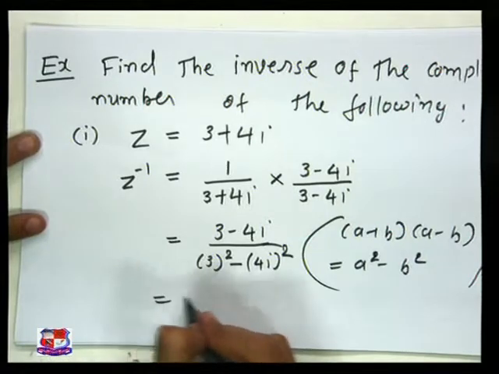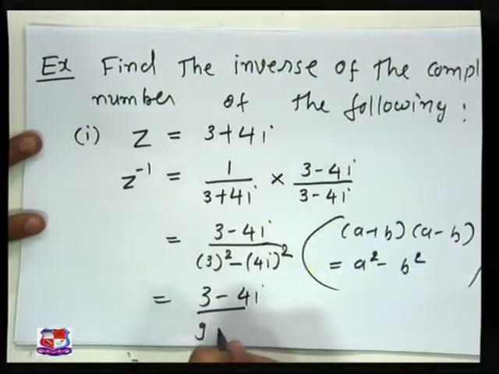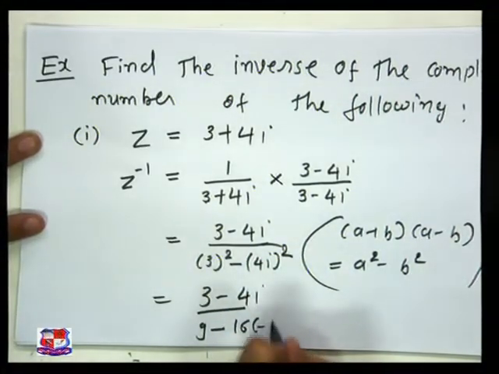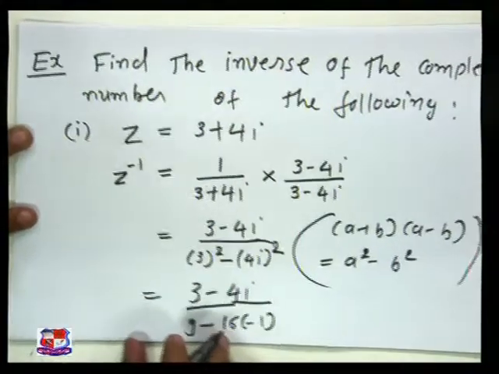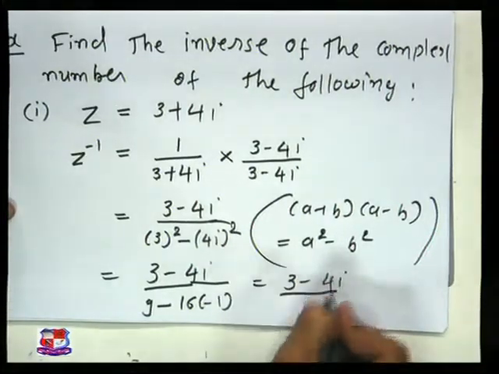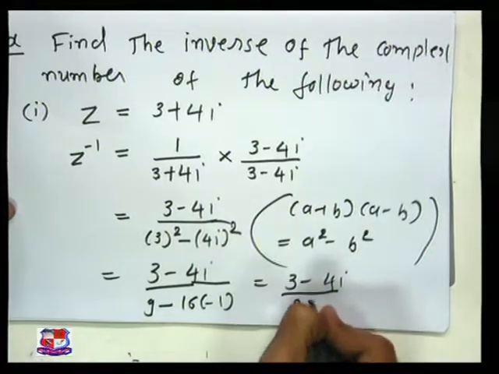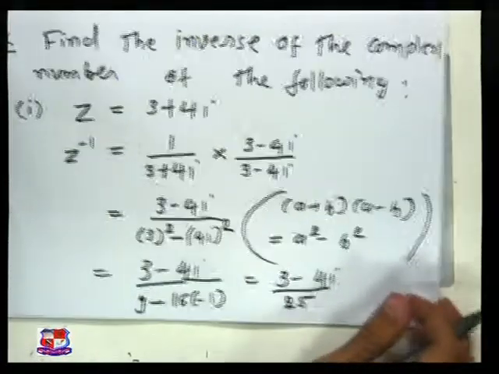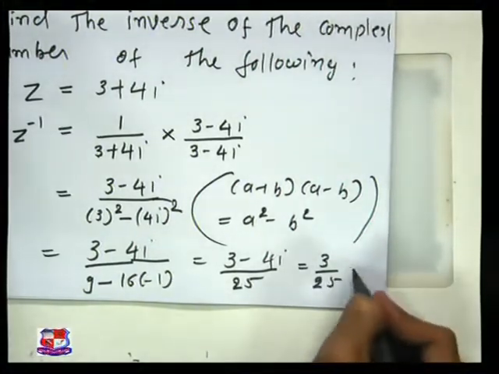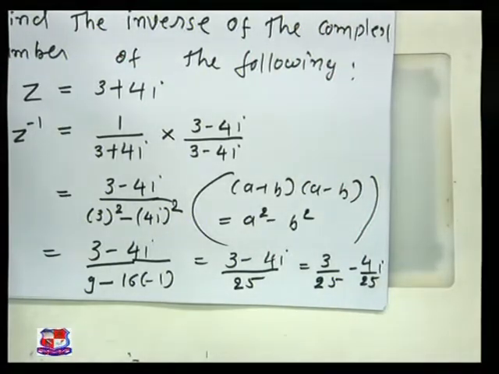So I will get (3 - 4i) upon 9 minus 4 square, that is 16, and i square is equal to minus 1. So I will get (3 minus 4i) upon (9 plus 16), that is equal to 25, and so our answer is equal to 3 upon 25 minus 4 upon 25 into i.